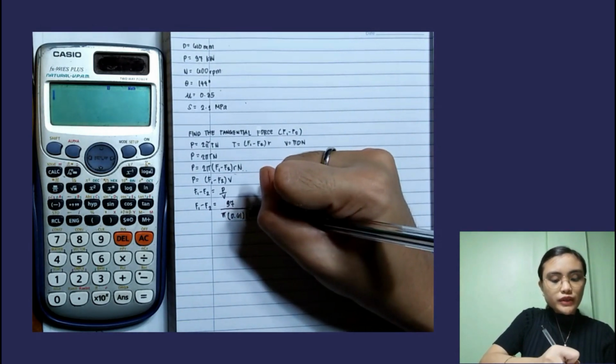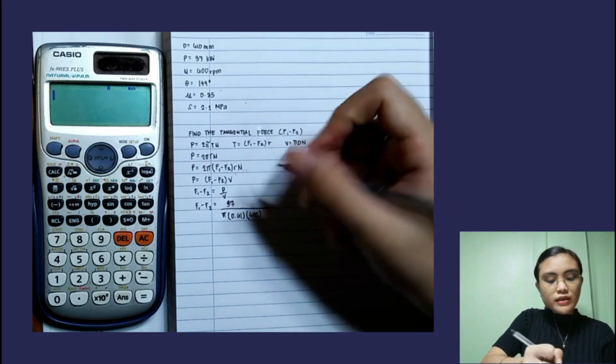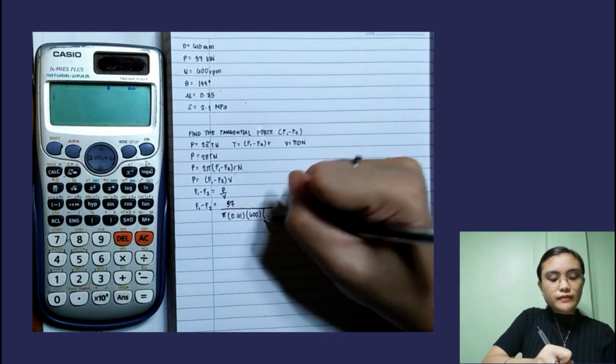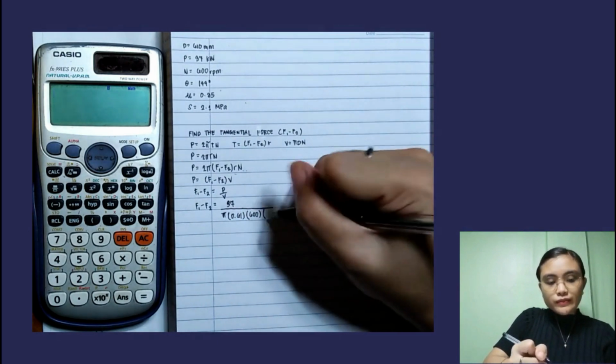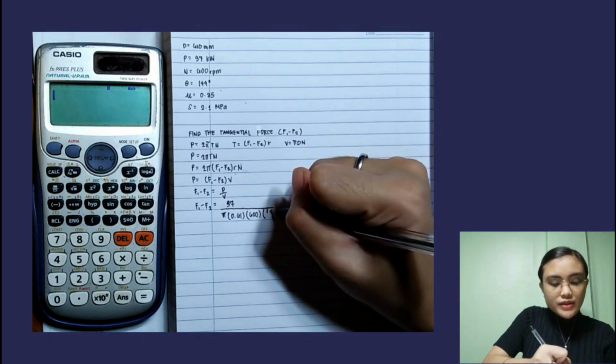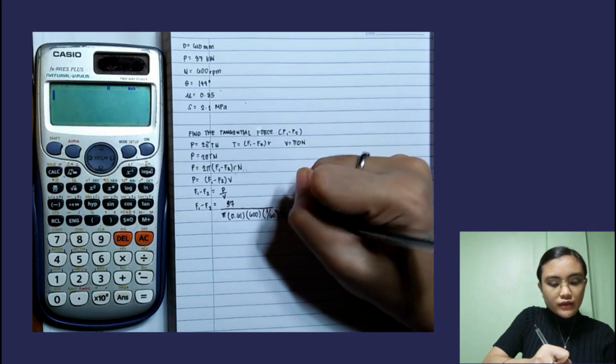We need to convert it to revolutions per second, so we multiply this by 1 over 60.